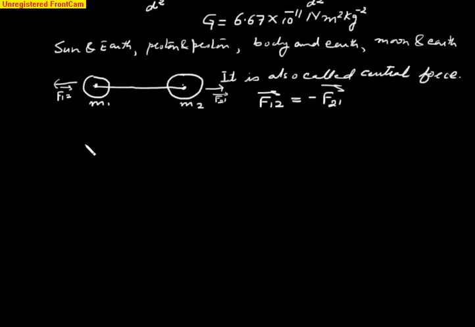which means that if I take the sun and I take the earth, then the force which the sun is exerting on the earth along this line, that is the force of sun on earth, will be equal to the force which the earth is exerting on the sun.